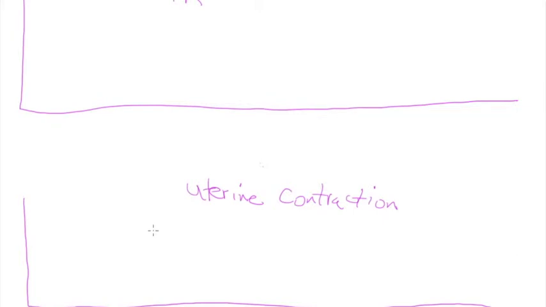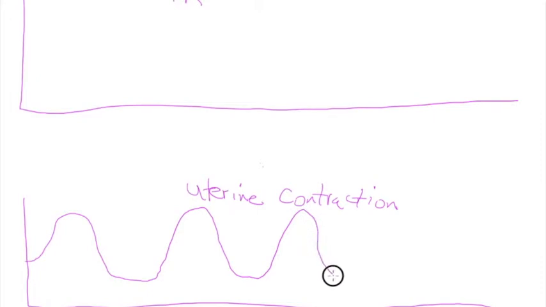Let's draw out our uterine contraction first. With each peak, the uterus is contracting. And uterus contraction should be regular, 3 to 4 minutes apart, and each lasting 1 minute duration.